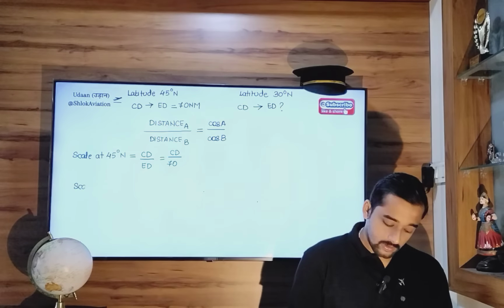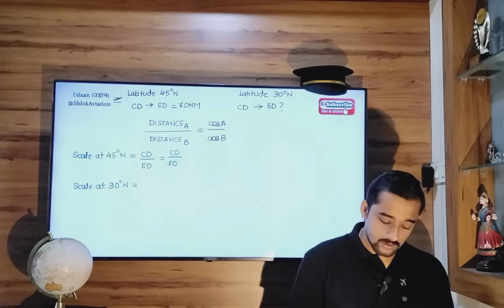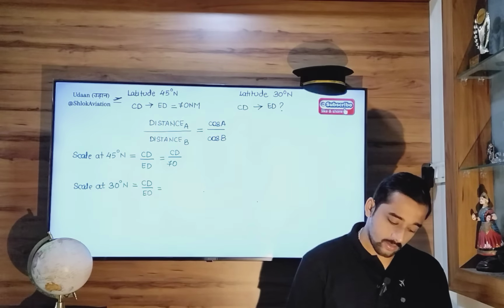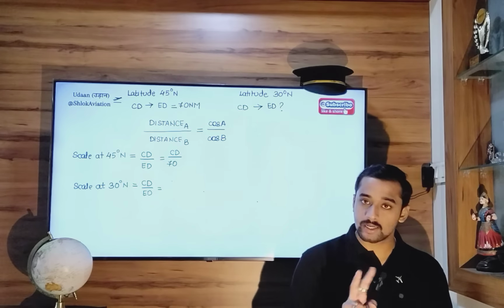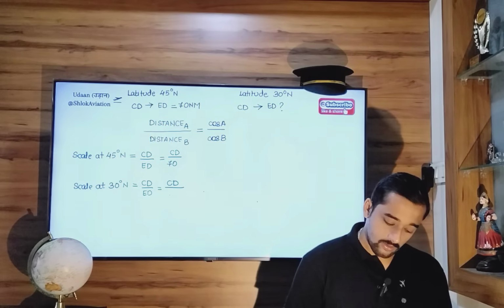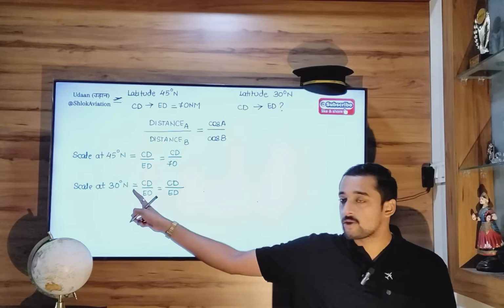Scale at 30° north is equal to chart distance upon earth distance. Chart distance is how much? We do not know. It's the same for both the latitudes. The chart distance is the same. Earth distance is what we have to find out for this particular latitude.